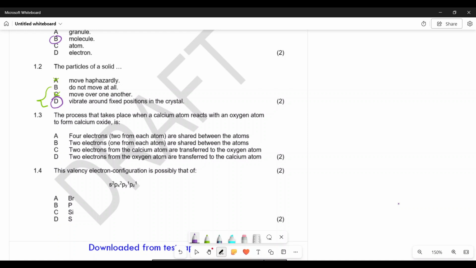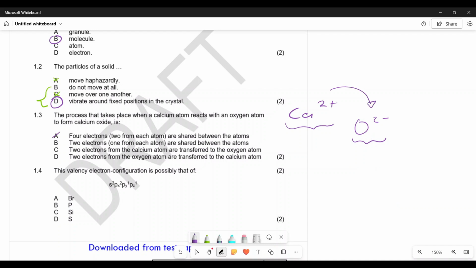This loss of electrons leads to the formation of a positively charged calcium and a negatively charged oxide. So your calcium carries the positive charge and your oxygen carries the negative charge, because the calcium loses two valence electrons to your oxygen.